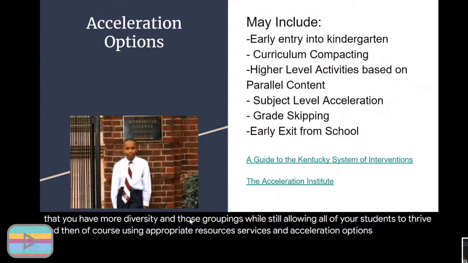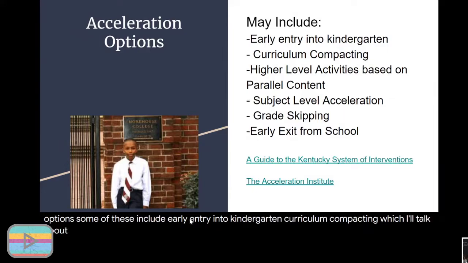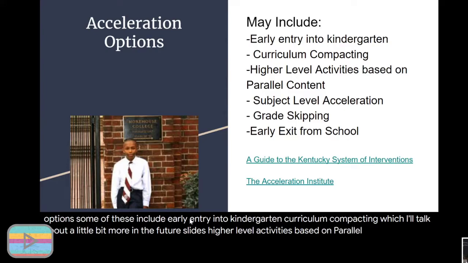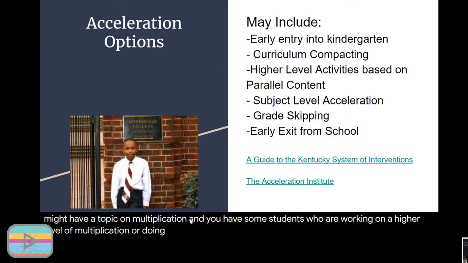Speaking of acceleration options, some of these include early entry into kindergarten, curriculum compacting, which I'll talk about a little bit more in future slides, and higher level activities based on parallel content. So you might have a topic on multiplication, and you have some students who are working on a higher level of multiplication or doing research into how multiplication is used in a particular career, for example.